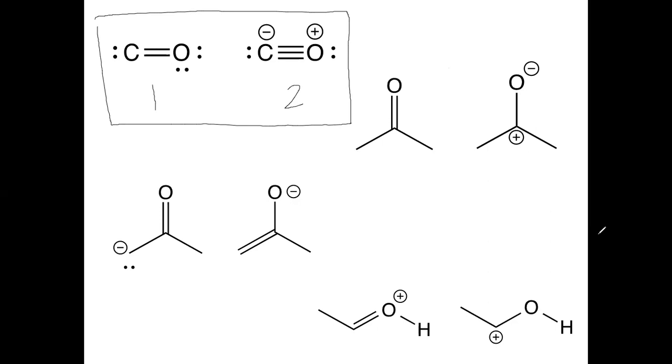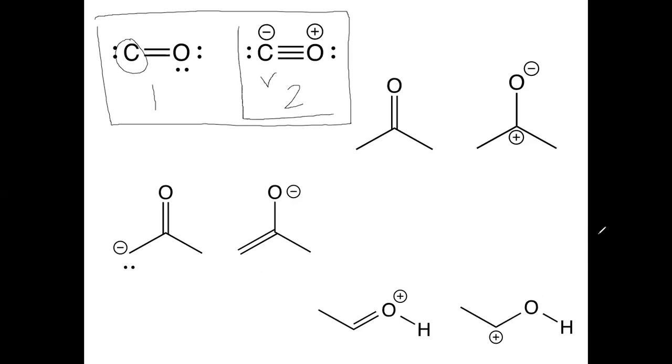Those preferences went in order. So what is the most important rule that I constantly said you always have to make sure you do? It's the big one. Full octet rule. 1 does not have a full octet. The carbon on the left doesn't have a full octet. It has one on the right.